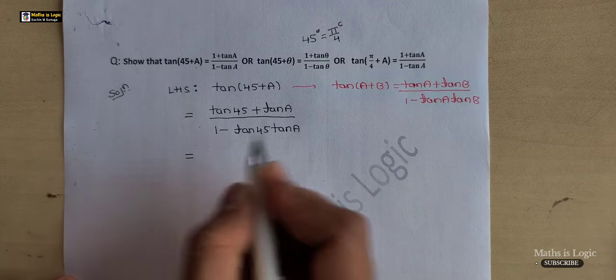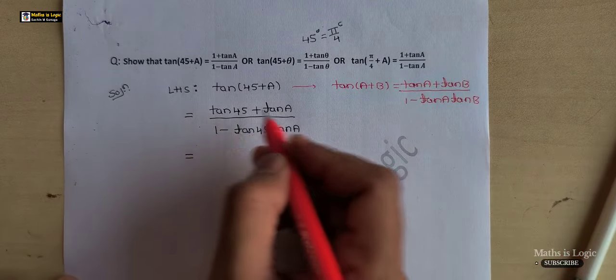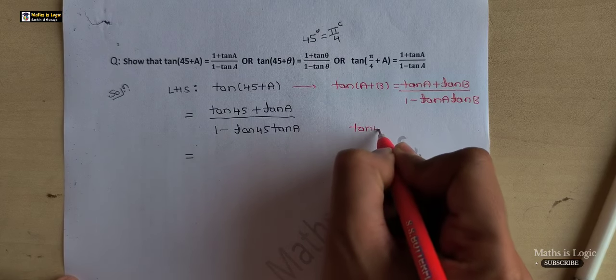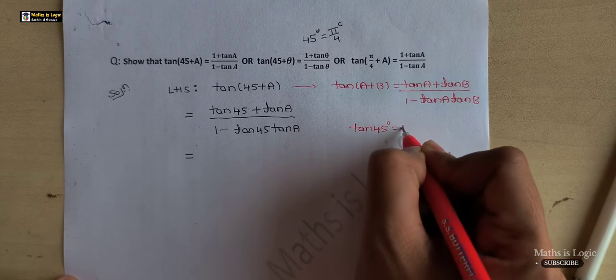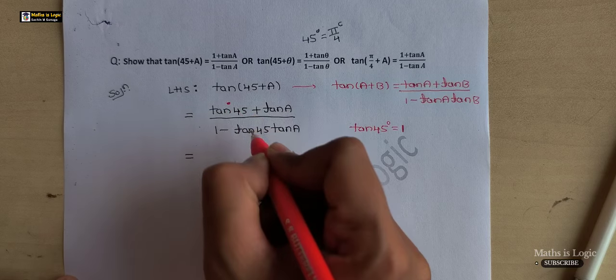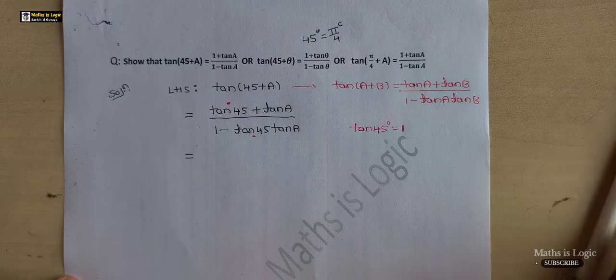Which is equal to, again we know this is a standard angle, tan 45 degree value is 1. So replace tan 45 by 1.